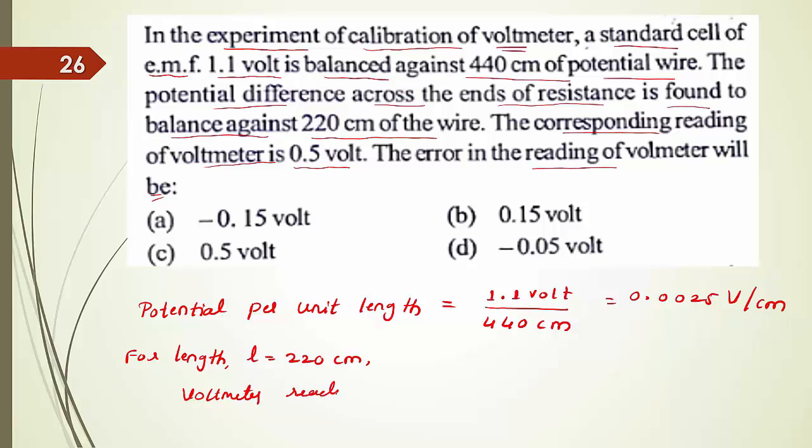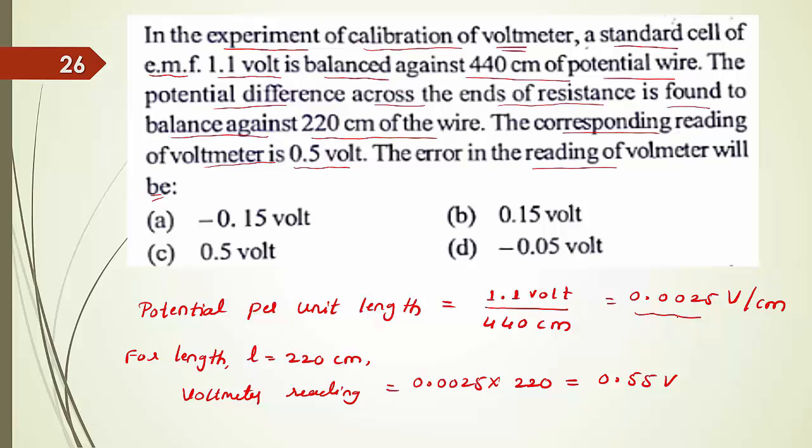Voltmeter reading we can write 0.0025 into 220 centimeter, that gives the value 0.55 volt. So for unit length we got the value 0.0025 per centimeter. For 220 centimeter, multiplied by 220, we will get 0.55 volt.